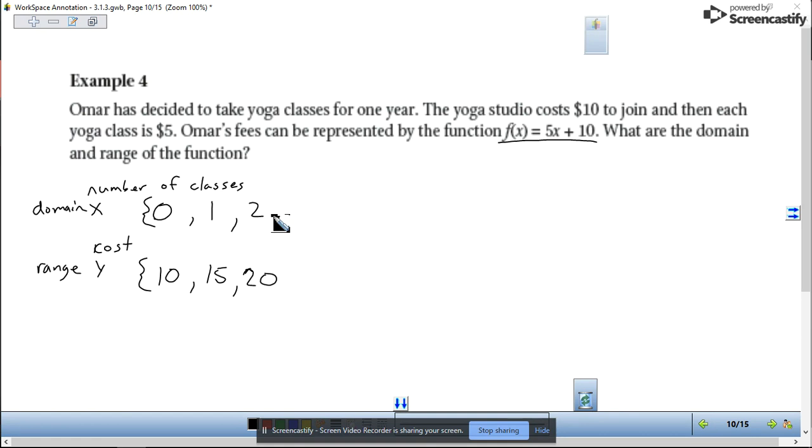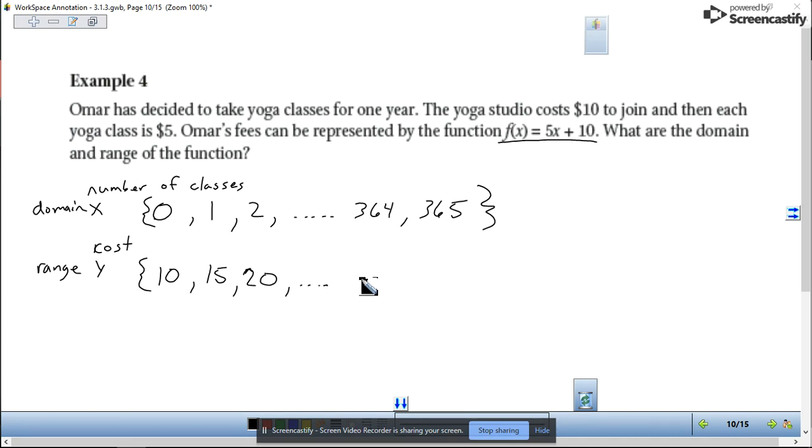Now, he can take 1 class per day for a whole year. So this domain is going to keep going until we get to 365, because there's 365 days in a year. Now, you may say, how am I supposed to figure out what the Y values would be there? Well, it's easy. You have a function.